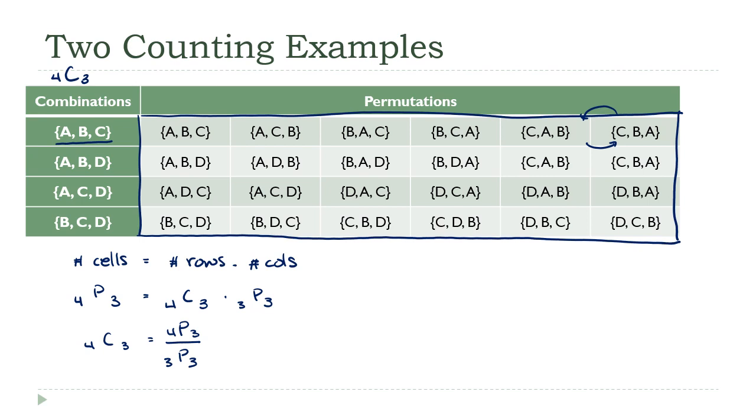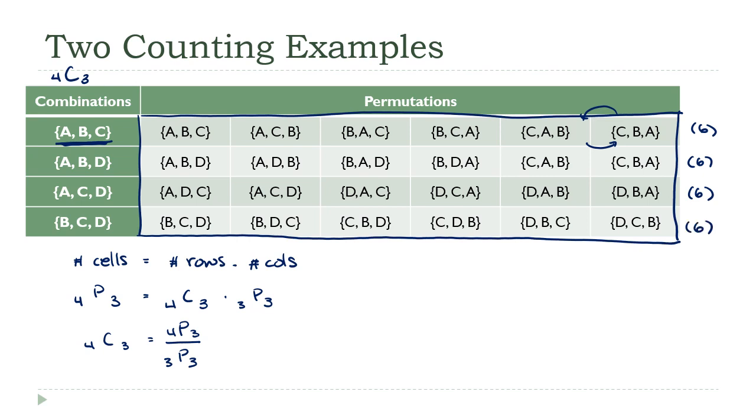Okay, so before we go a step further and try to generalize this, try to get n and r in there instead of 4 and 3, what I want you to notice is for every combination, there were 6 permutations.